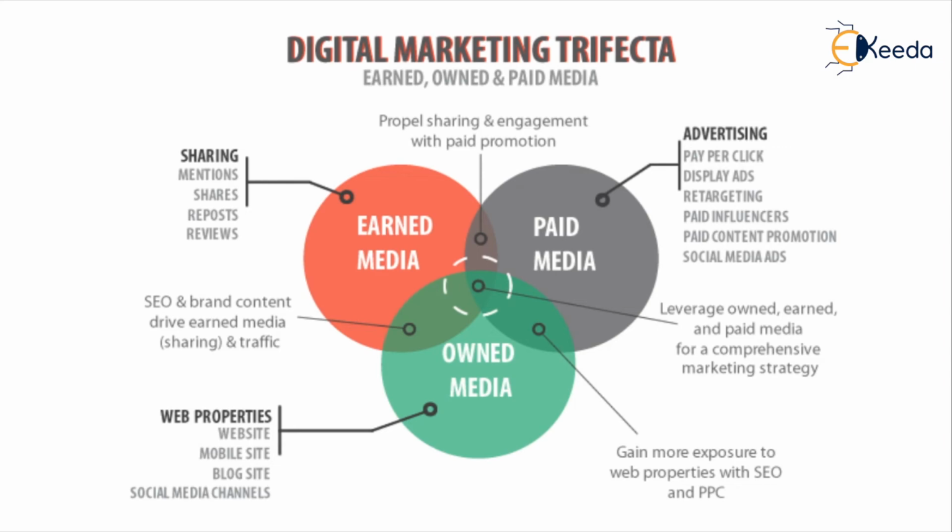And once the customers have experienced the brand in a positive manner, or maybe sometimes in a negative manner, earned media is generated organically. So this trifecta actually represents what can be achieved with the help of digital marketing components used correctly.